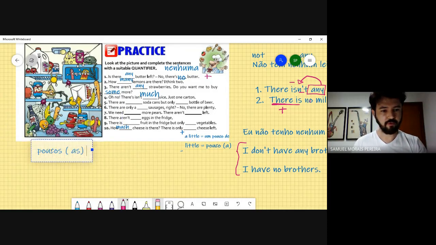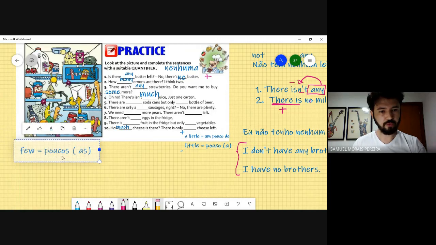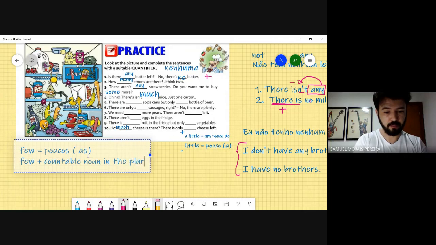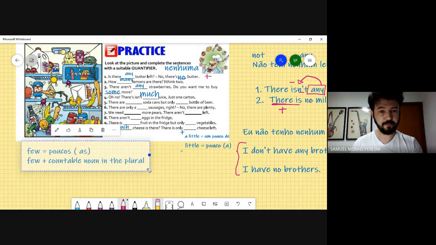We have to use the word few. So pay attention to that. When the word is in the plural, poucos and poucas, we use few. So that means that the word few is followed by a countable noun, which is in the plural. Because the word has always to be in the plural when we use few, okay?